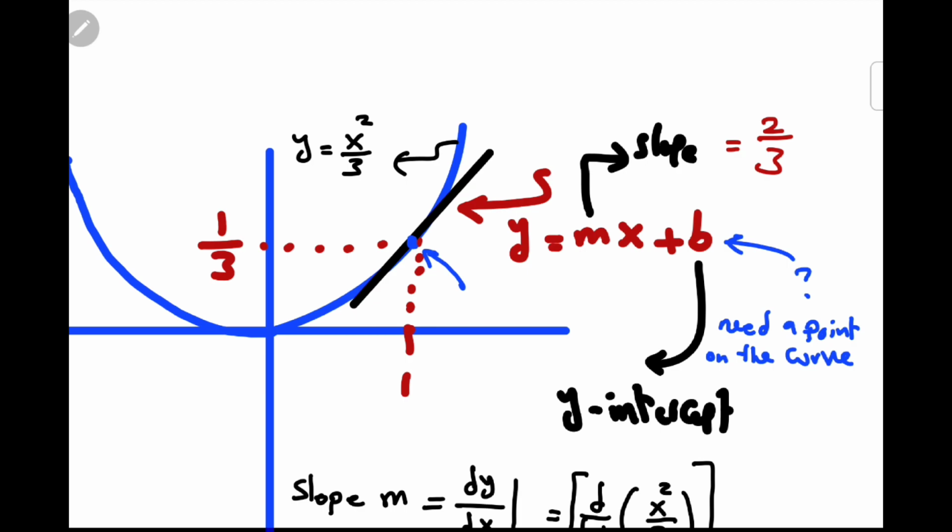How do I find it? I find it from the original function. You look here, we know that this point, when x is 1, y is 1/3. So I use this to plug it into the equation.